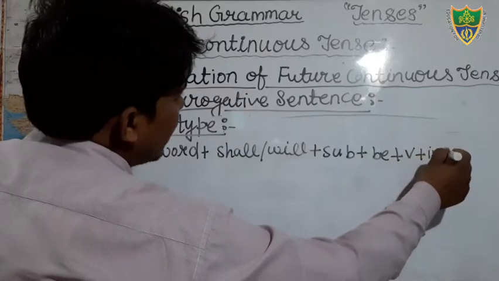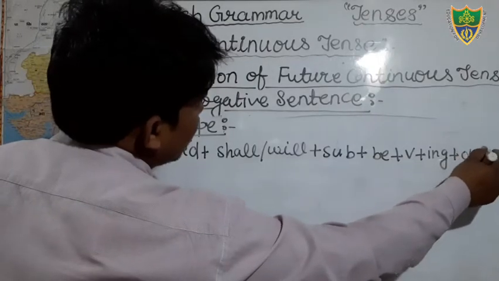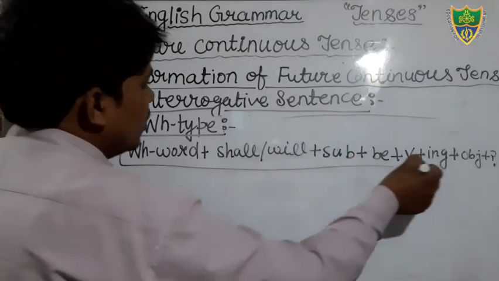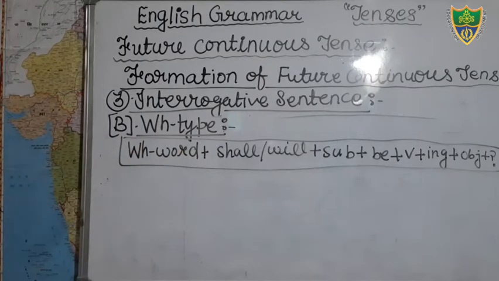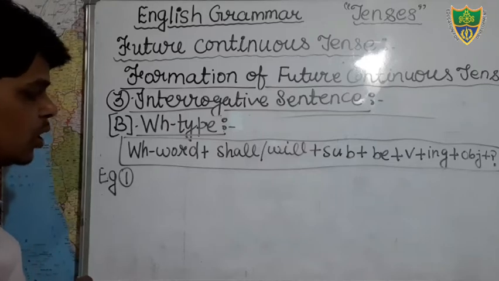In the verb you will add ing, then if an object is there you can mention it, and at the end of the sentence you will put the question mark. Students, this is your structure: WH word, shall or will, subject, be, verb plus ing, object, question mark.